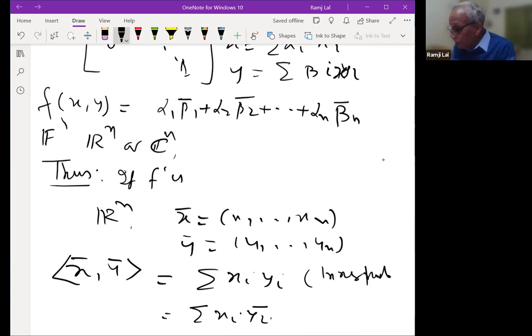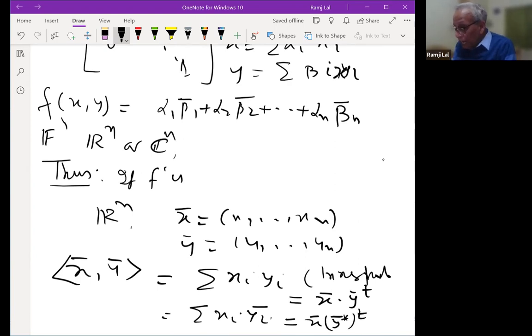So you can write this as the vector x times y transpose, and this you can write as x bar y bar star, meaning star transpose.